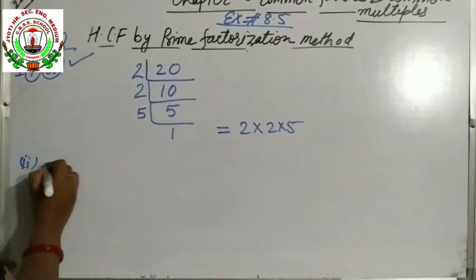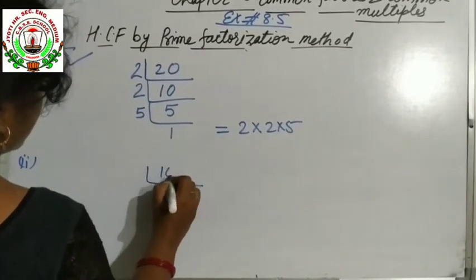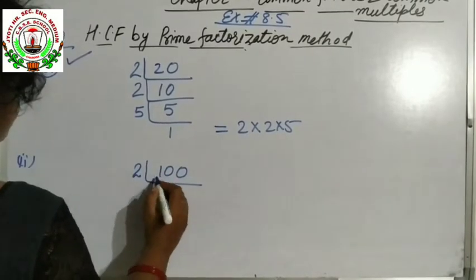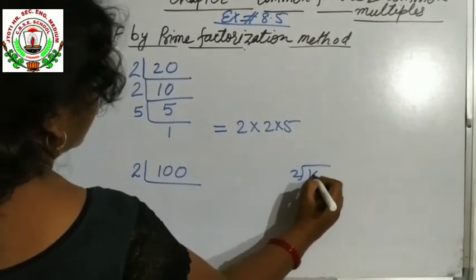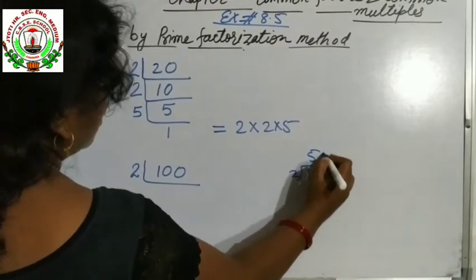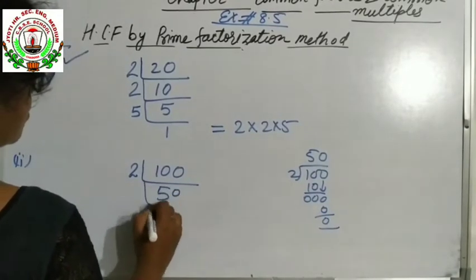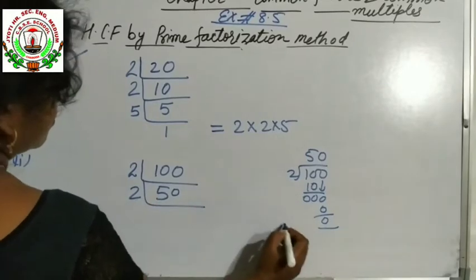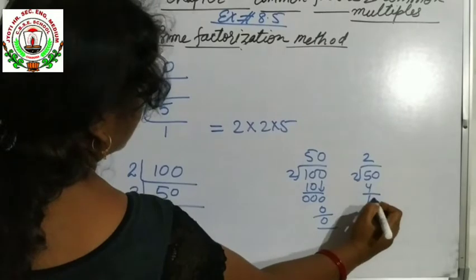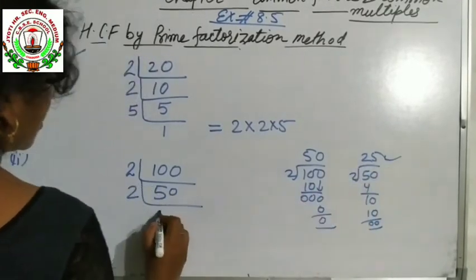Now number 2: the prime factorization of 100. Smallest prime number is 2. We divide 100 by 2, 2 fives are 10, and 0, so 50. Again we divide by 2, 2 twos are 4, 2 fives are 10, so the quotient is 25.